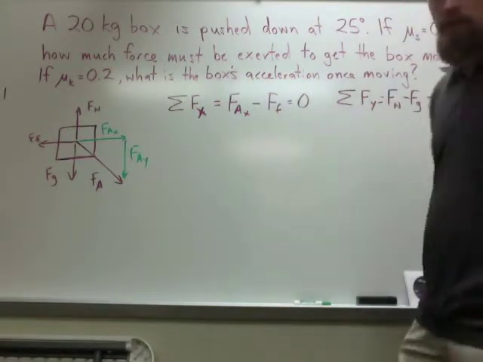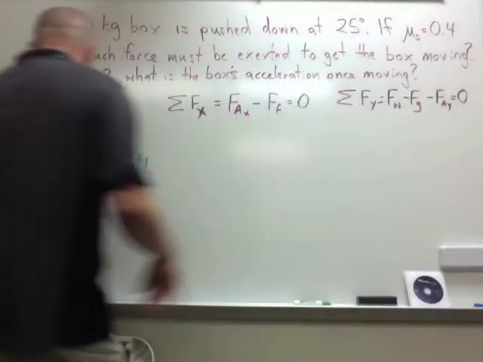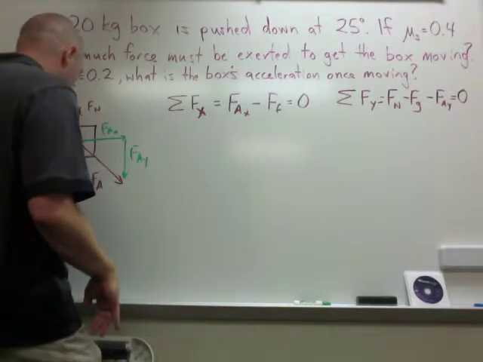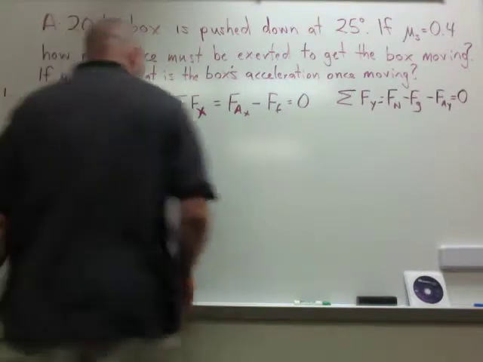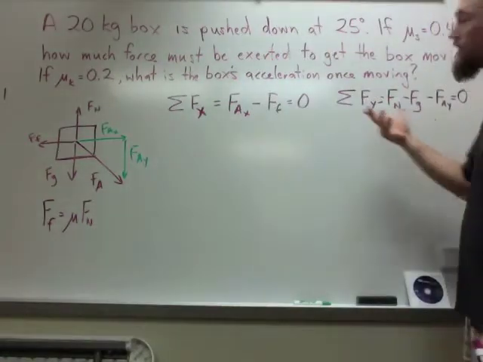Now we plug numbers in and solve. Remember, the equation for friction is Ff equals mu Fn. To solve for this, I first need to solve for Fn, so I'm going to use this side.